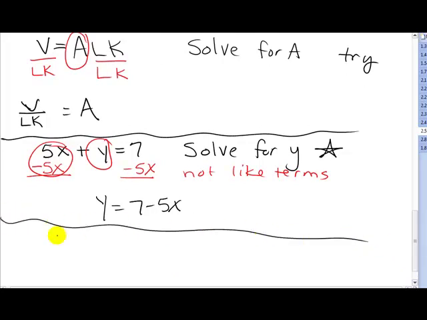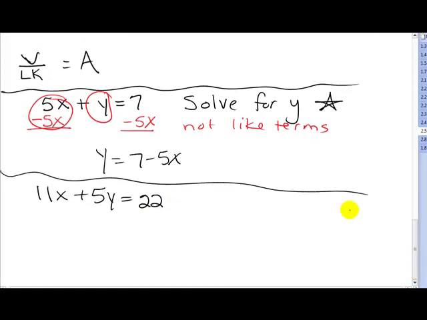Let's try another one. Alright, again, we're going to solve for y. Well, this is being added, so move it.